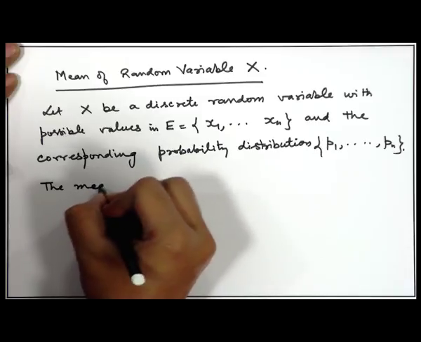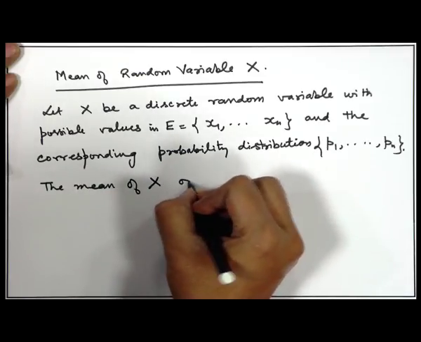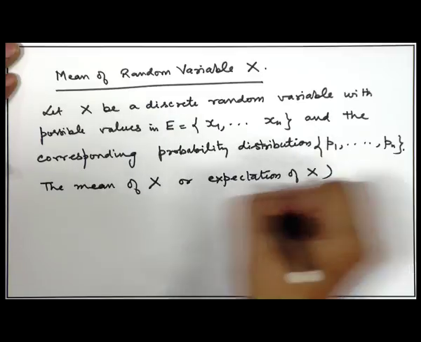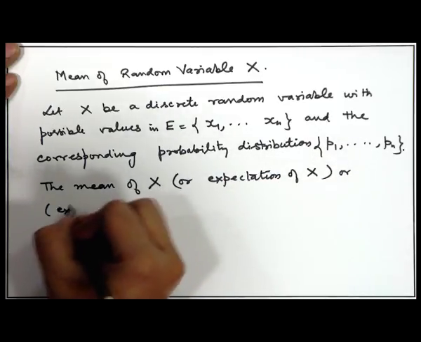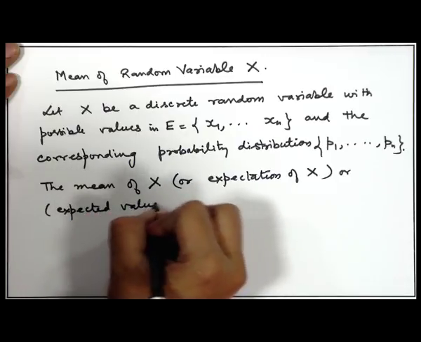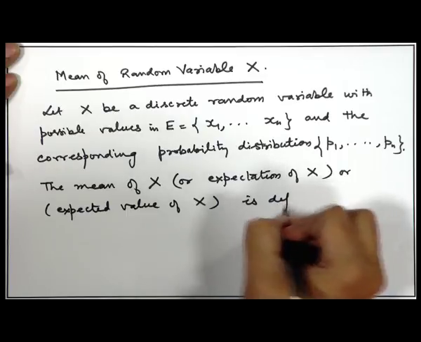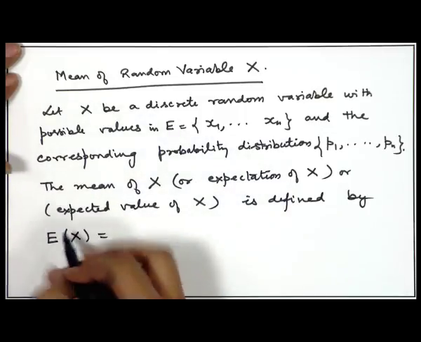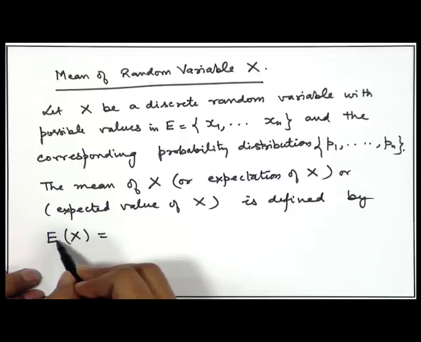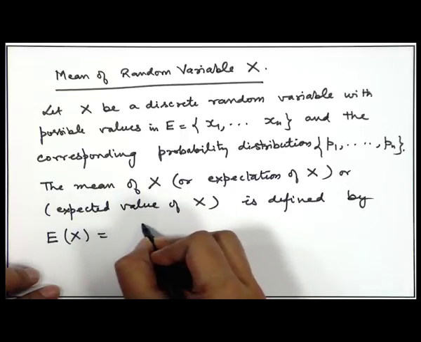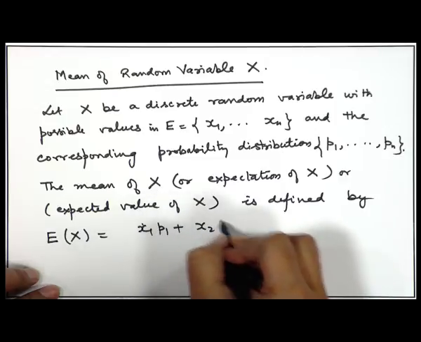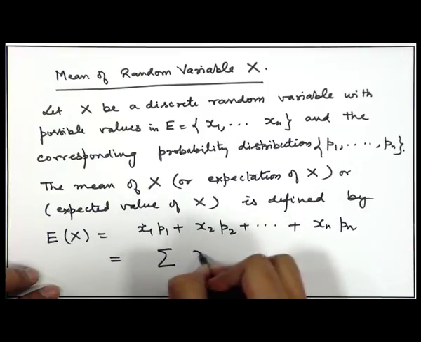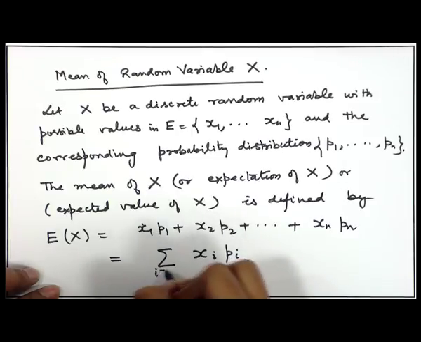The mean of x or expectation of x or expected value of x is defined by, so this is the notation, expectation value is defined as E(x), that is x1 into p1 plus x2 into p2 plus and so on xn into pn, that is equal to sigma xi into pi, i is equal to 1 to n.